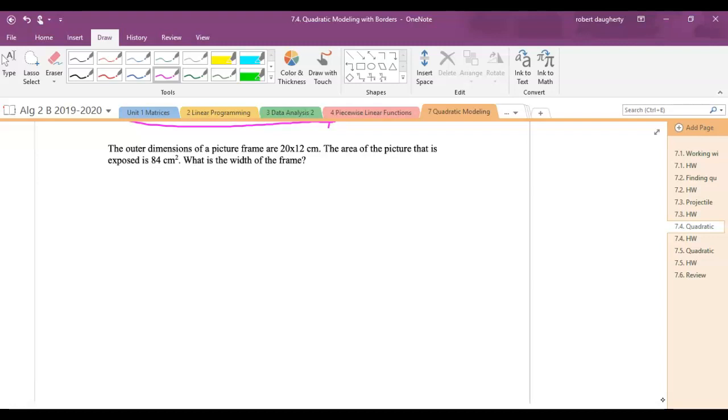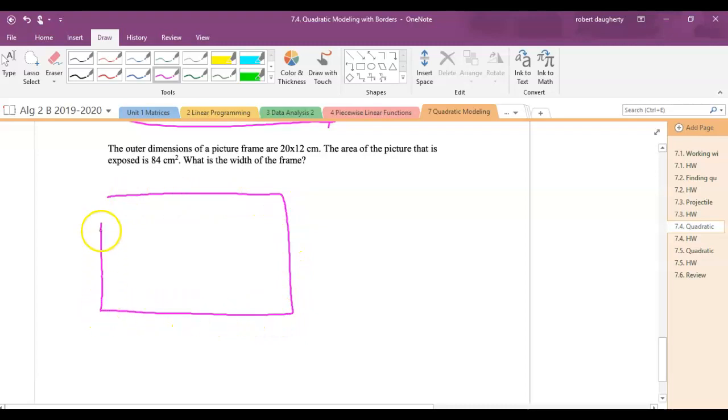This one is giving you, instead of that, what is it giving you? So it's telling me that I've got an outer frame that looks like this, and this is 12 by 20. Now inside this frame is a picture.